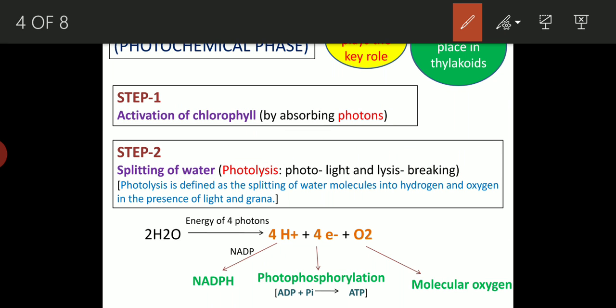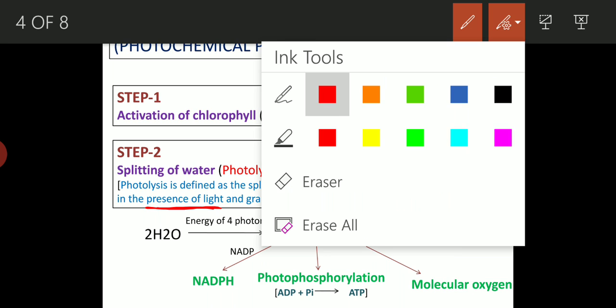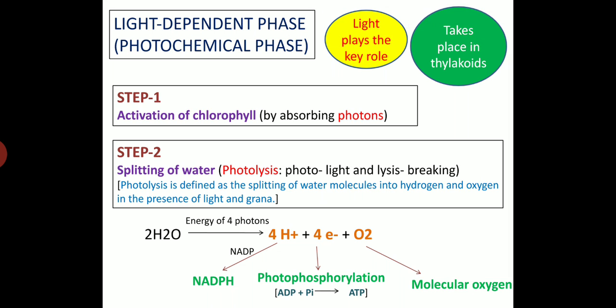As this reaction is occurring in the presence of light, that's why this reaction is known as photolysis. And the water splits up into hydrogen and oxygen. So what is happening? In the first step, chlorophyll gets activated by absorbing the light energy, and in the second step, the water molecule gets split in the presence of light.